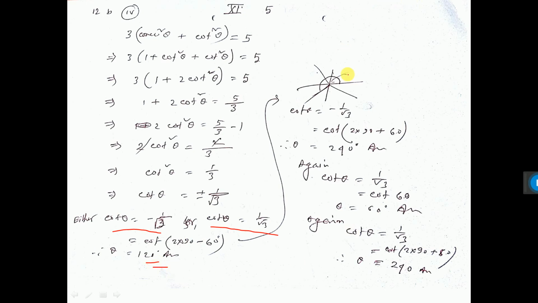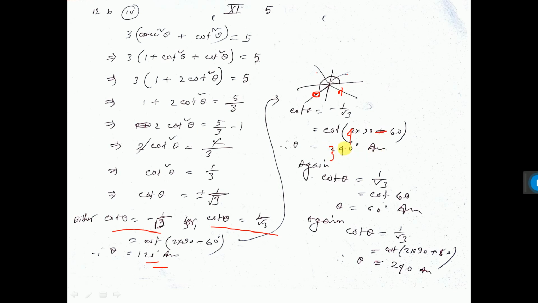Again, see, all sin tan cos: here also cot positive, here cot is negative. So in the fourth quadrant cot is negative. So fourth quadrant, how to go? 4 into 90 minus theta, that is 300 degree.